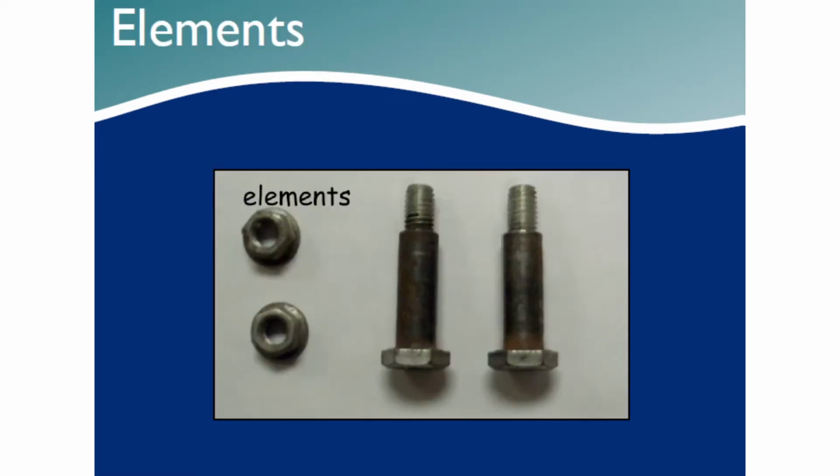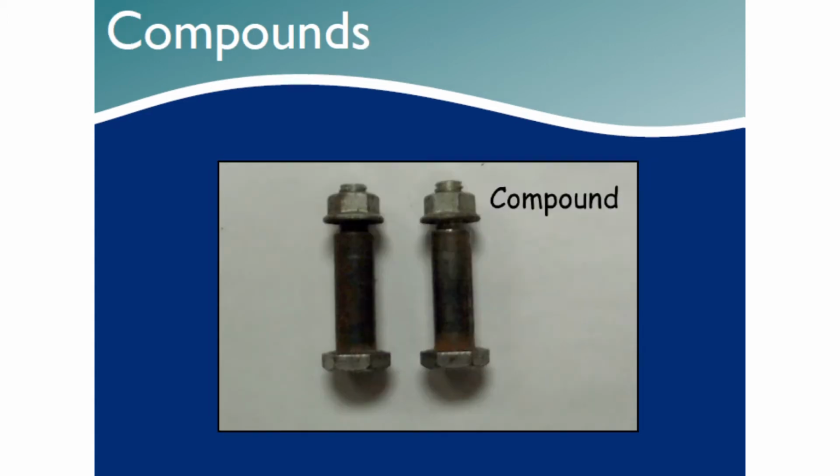An easy way to think about elements is to think of a nut and a bolt. These are separate things. A nut and a nut are the same, and a bolt and a bolt are the same. We can make a compound by attaching the nut to a bolt. Now you have a compound. They're bonded together.